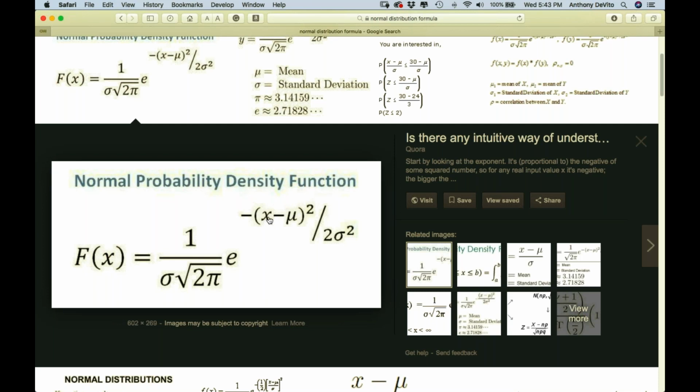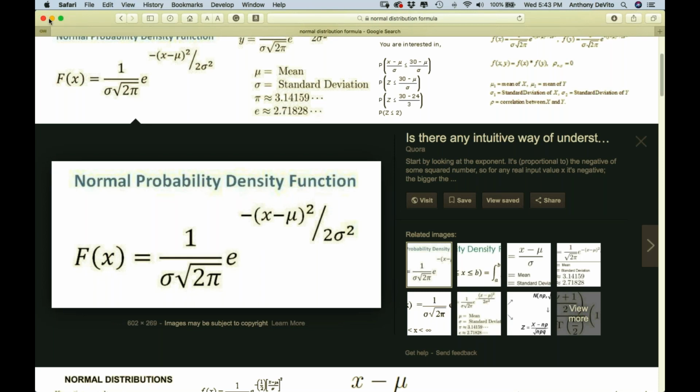If you're talking about right at mu, this would be 0, so it would just be equal to this. And we would see that this y is determined by this formula.